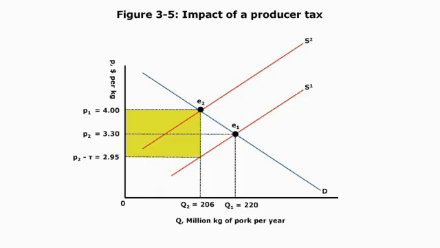Two points to note that we'll come back to later in the semester. First, the amount of money the government raises will depend directly on the elasticity of demand. Can anyone tell me how much money the government would raise if you had a perfectly inelastic demand?